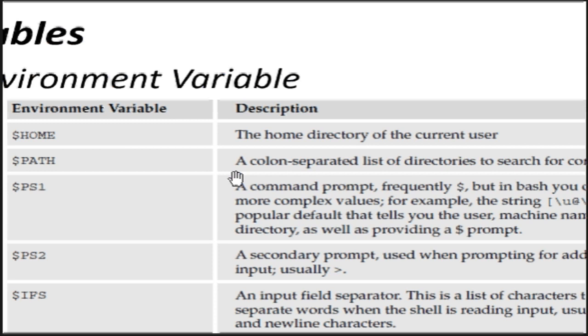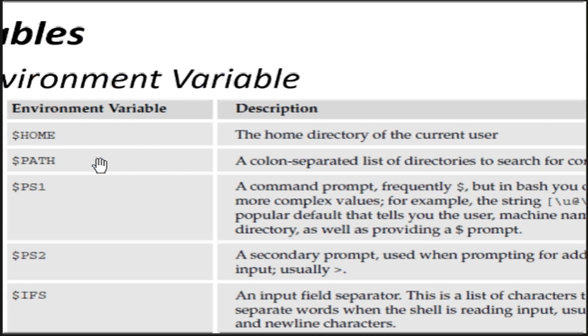And in the previous slides we discussed $PATH, because when we are making a script executable, I want to use the file name as a command to execute the script. In that case, a command not found error may be raised, and to avoid that error we specified PATH equals $PATH colon dot.